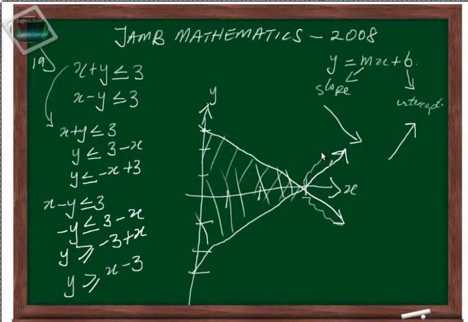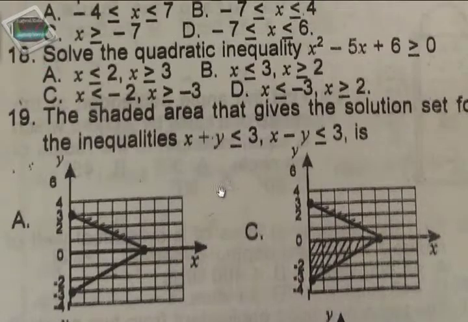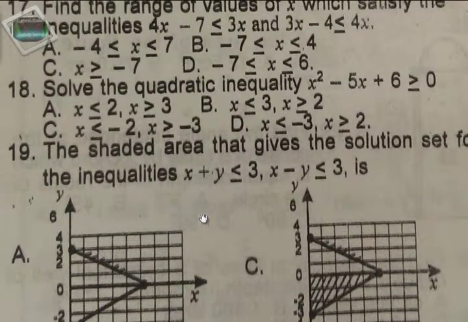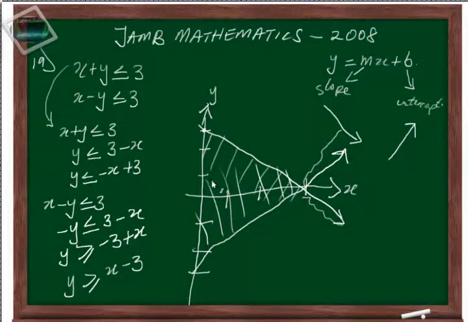and anywhere here. So since we are looking for the point where both of them intersect, because that's the point that will satisfy both, going back to our question, the shaded area that will give us the solution for both sets, where both of them intersect, will be this space here that is shaded where both of them cross.